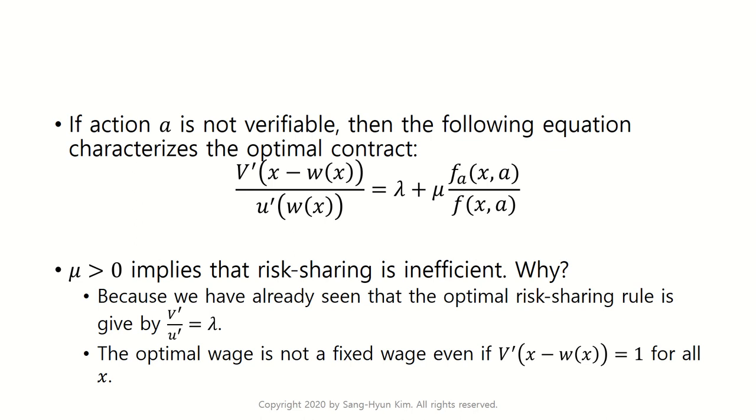Because the principal has to give an incentive to work to the agent, the principal has to distort the risk sharing rule. That's what we can see here.